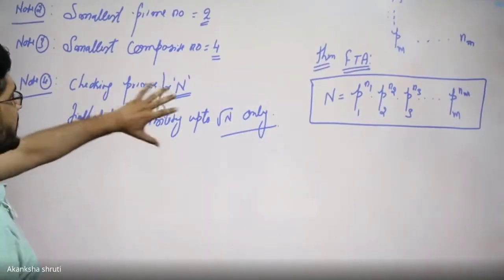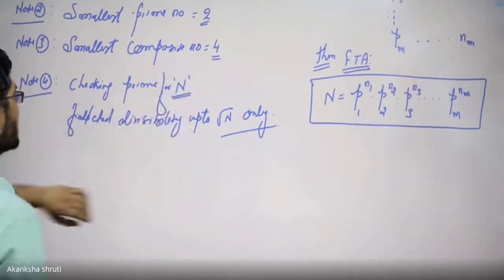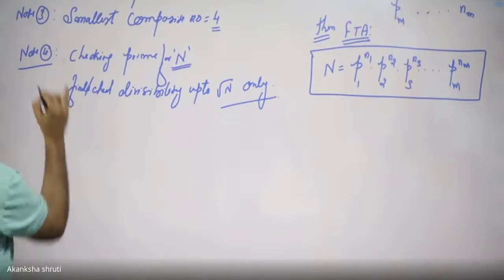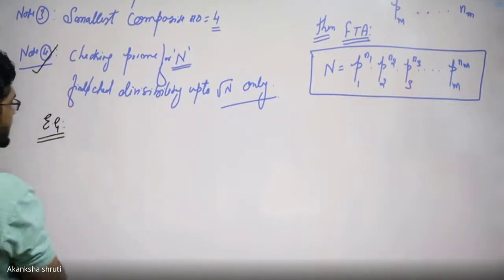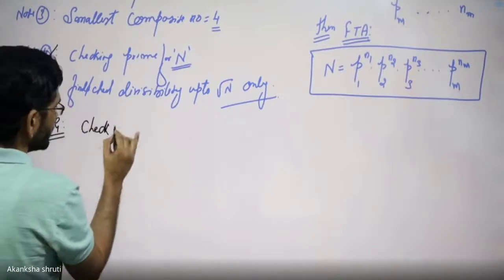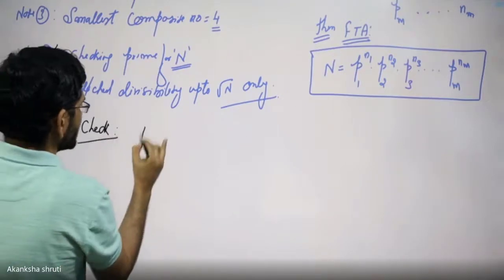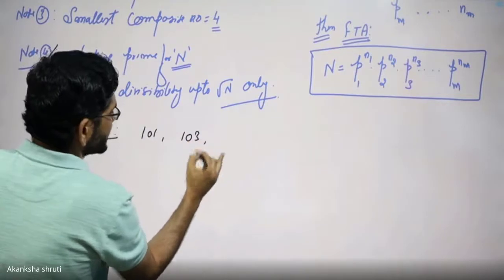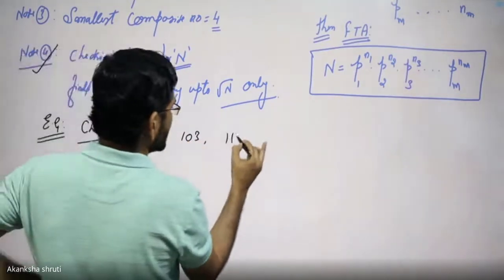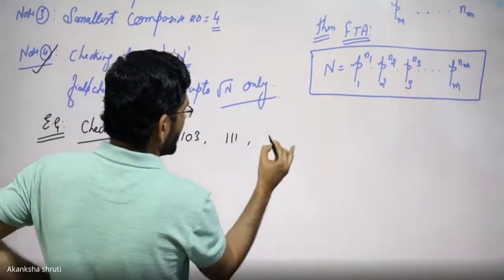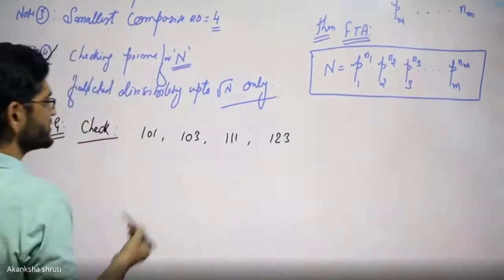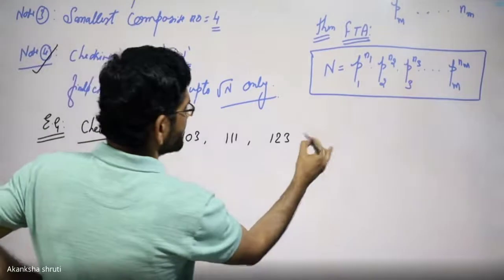It is very helpful in determining whether the number is prime or not. Students, let us first take one example to understand this. Example: we have to check whether, say, 101 or 103 or 111 or 123, up to this much, are prime or not.